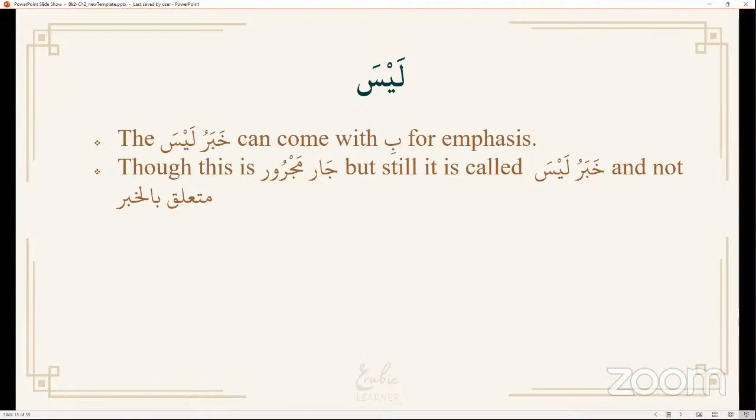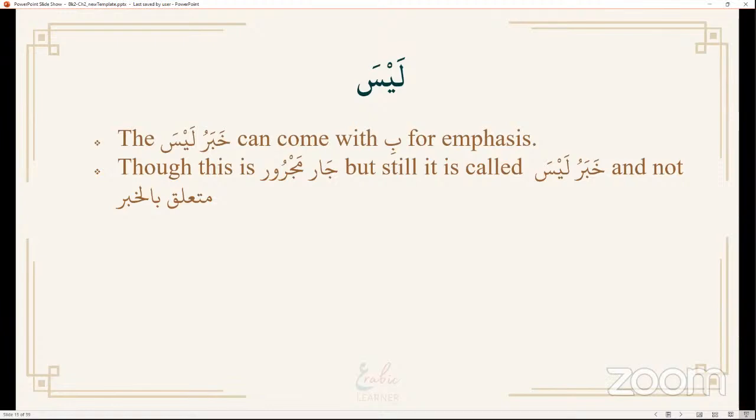We still call it khabaru Laysa. But if the khabar uses other harfu jar, like fi, ala, min, ila, li, they will be called mutalik bil khabar. Is this clear, brothers and sisters?